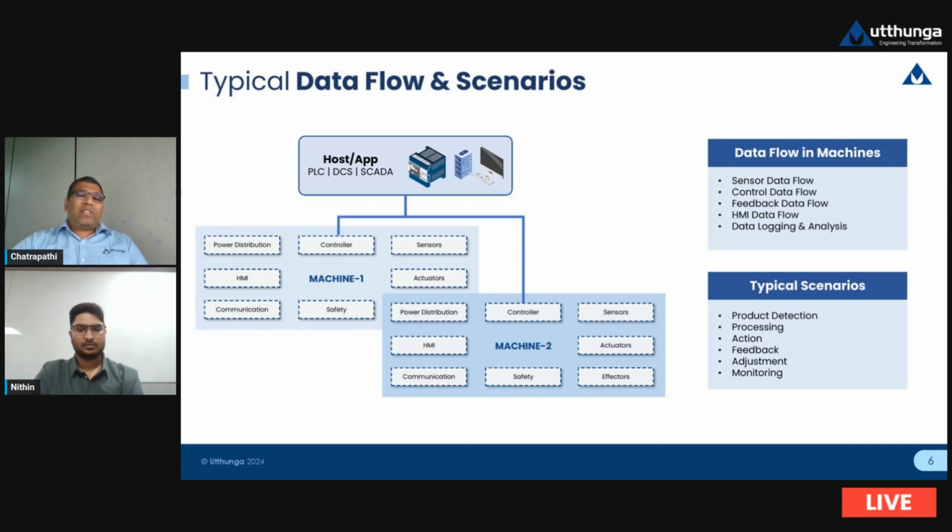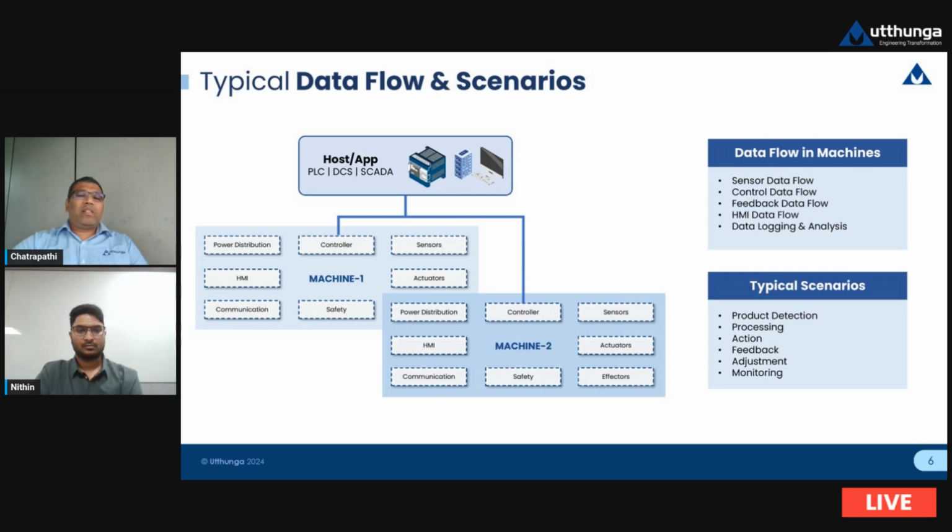allows a little bit of threshold of movements and errors here and there, to have a dynamic adjustment and to make sure that the machine performs seamlessly. And then the HMI data flow. Basically, the HMI receives data from the PLC, and in some cases from sensors as well.